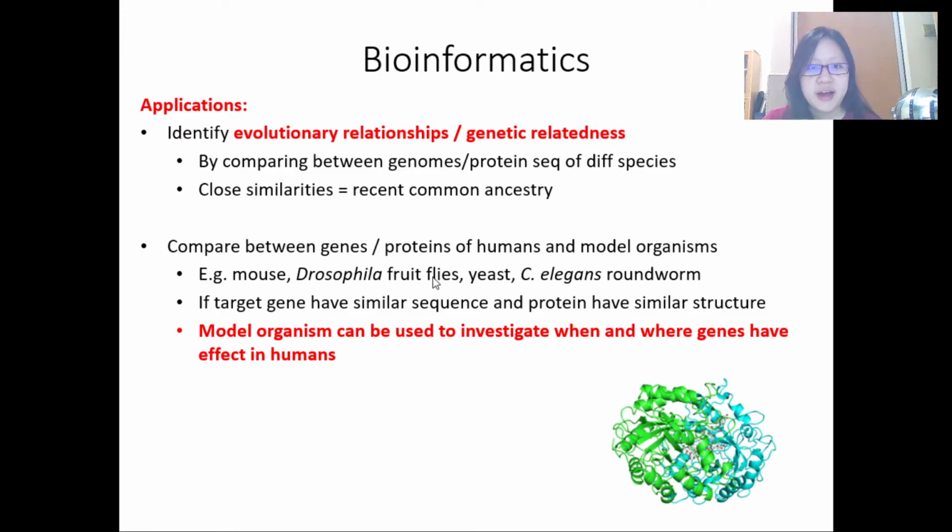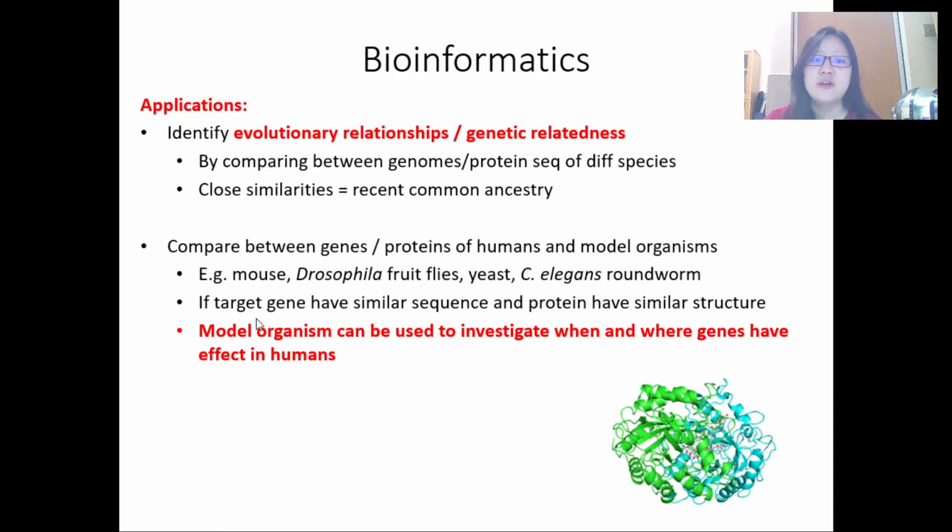Drosophila, fruit flies, yeast, C. elegans roundworm, these are model organisms, very widely used in research. We understand a lot about them, and we understand even more about them now because of bioinformatics, because we can know the genetic sequences, the genome of each and every model organism.